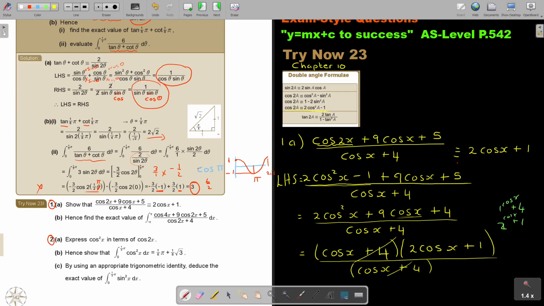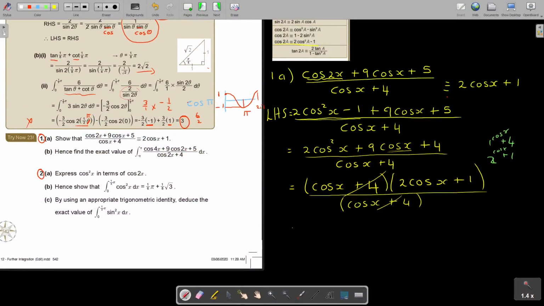And then I cancel. Okay. And then it's going to be 2 cos x plus 1. And that's exactly the same. I say it's equal to the right hand side.